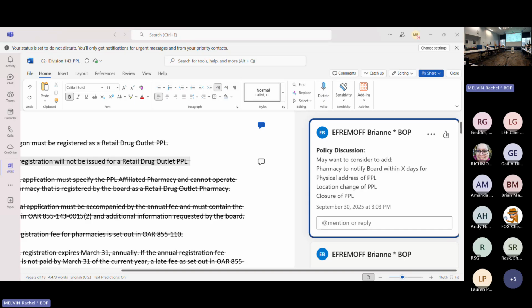But I feel like the board should know when a PPL has been closed, and then further on we'll probably need to know if it is from damage or weather related, natural, whatnot. But the closure, I think that's most important, notifying of closure. The location or physical address, I think we can get that information from the retail brick and mortar.